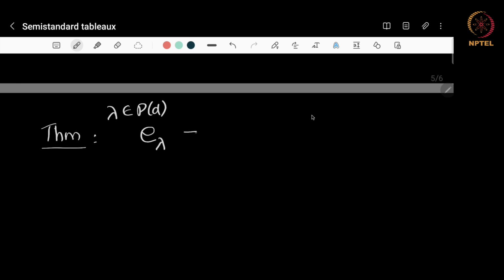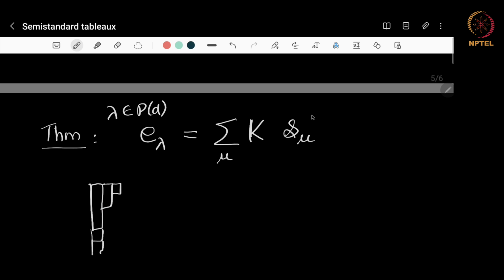If you want to expand E lambda as a linear combination of Schur functions, what is the coefficient of S mu? As we just saw, you keep attaching successive boxes in this way till the final shape becomes the shape of mu.